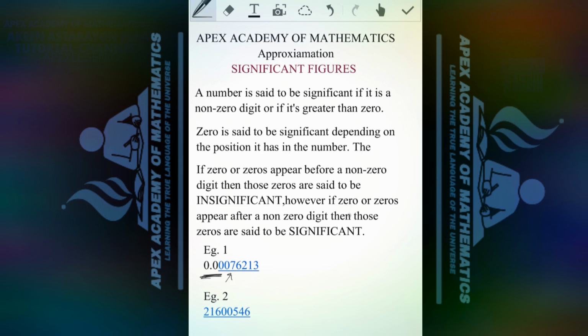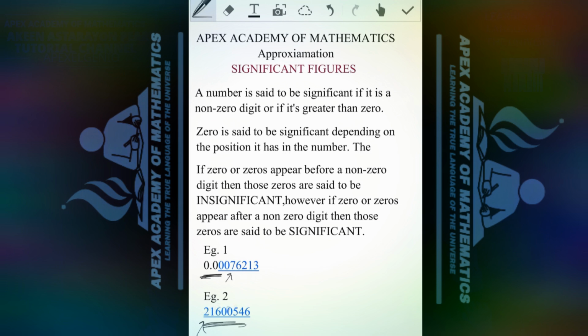However, how can zeros be considered as a significant digit? It says here, if 0 or zeros appear after a non-zero digit, then those zeros are said to be significant. Here we have an example in number 2 here, where my first significant digit is actually the number 2 right here, but these zeros actually appear after the 2. In fact, they appear after the first, the second, and the third significant digit.